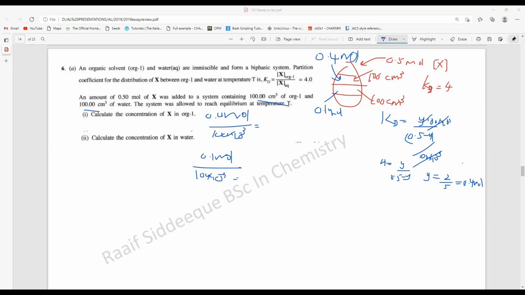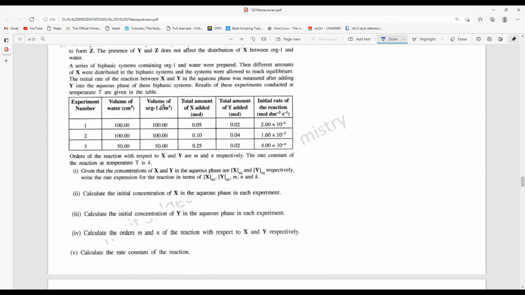These are very straightforward things, right? You can easily find the values here. So this would give you 4 M, this would give you 1 M, typically. That's it. Let's go back to part B.